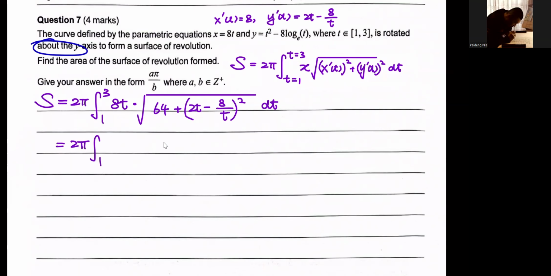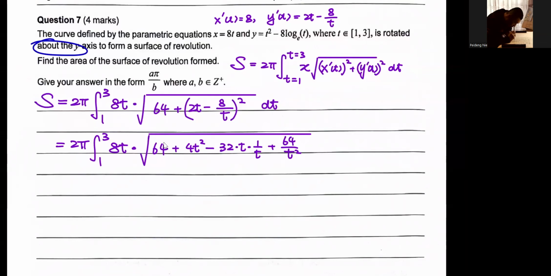Whenever we are dealing with arc length problem or surface area problem, we are trying to make a perfect square inside the square root. 64 plus 2t whole thing square, 4t square, minus 2 times 2, 4, 4 times 8, 32. So 32 times t times 1 over t plus 64 divided by t squared.